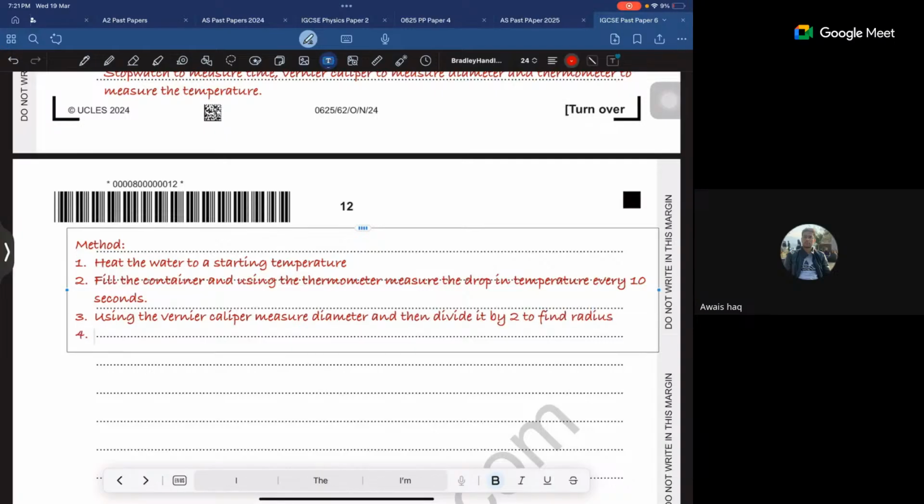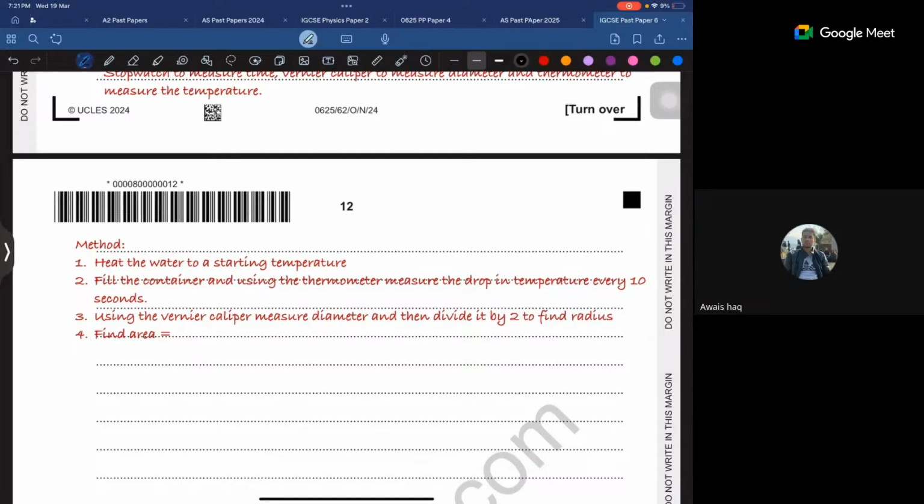Then find area using pi r square. That's how you're going to do it. All right, so this is the method. Because we've learned how to measure the two key variables, which are independent and dependent.